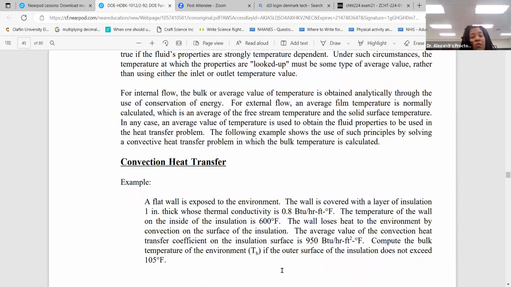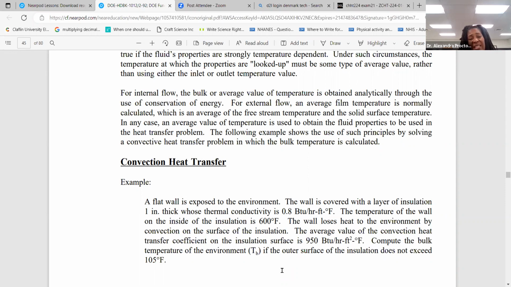For internal flow, the bulk average temperature is obtained analytically through the use of conservation of energy. For external flow, the average film temperature is normally calculated, which is an average of the free stream temperature and the solid surface temperature.